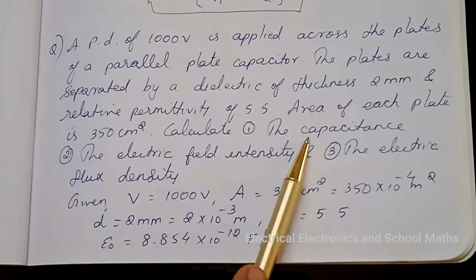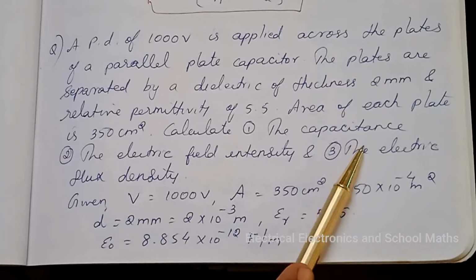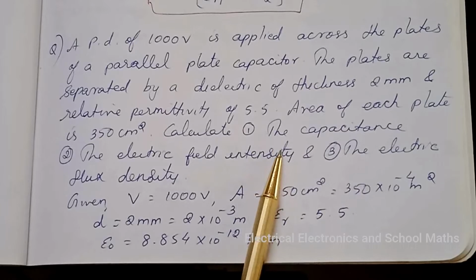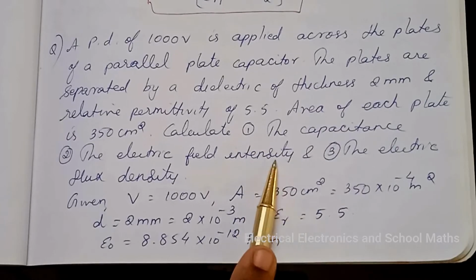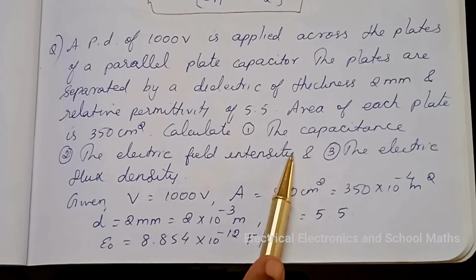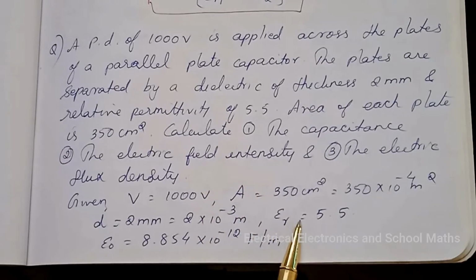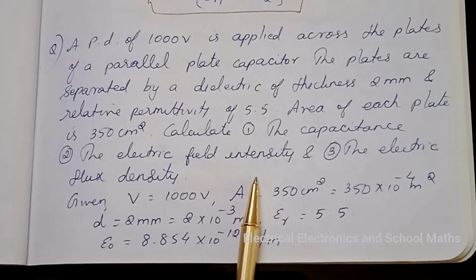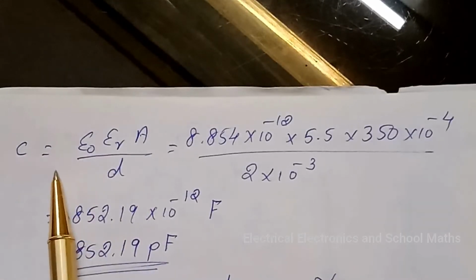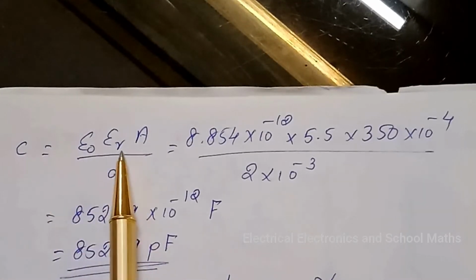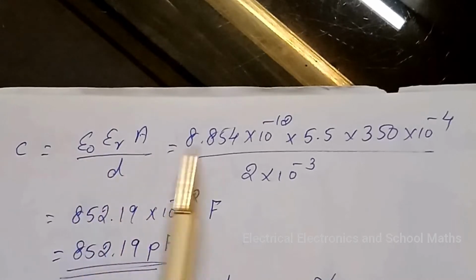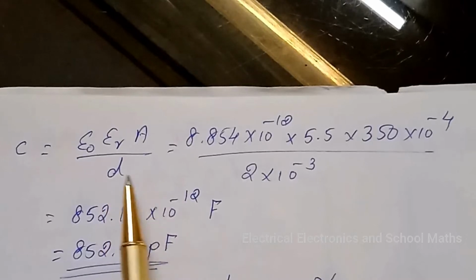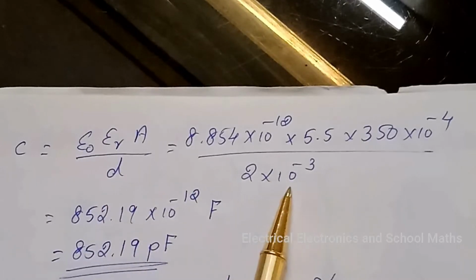The first question is to find the capacitance. And the capacitance equation is C is equal to epsilon 0 epsilon r into A by D. Here all the data are given, so we can calculate capacitance very easily. That is C is equal to epsilon 0 epsilon r into A by D. Epsilon 0, epsilon r, area and the thickness also given.